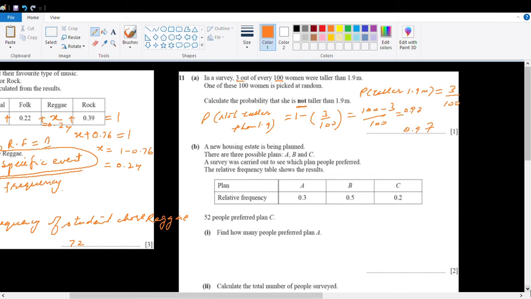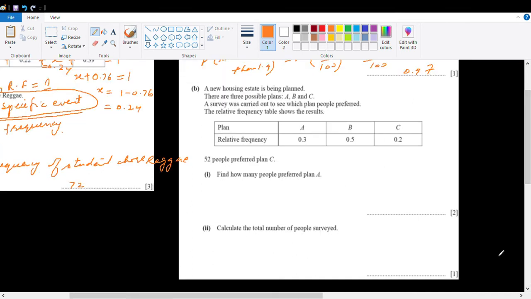Part B is again related to relative frequency. One thing I want to tell you in the beginning, always remember, because this question is related to relative frequency, and two things you have learnt in the previous question: one is the formula of relative frequency, and the other is that their sum is always equal to 1.